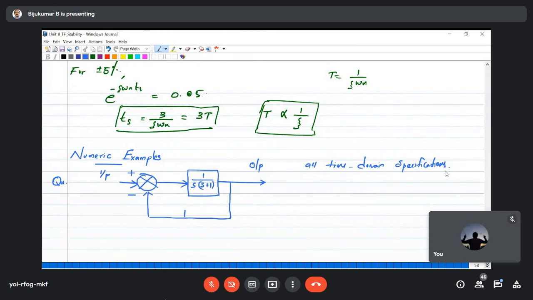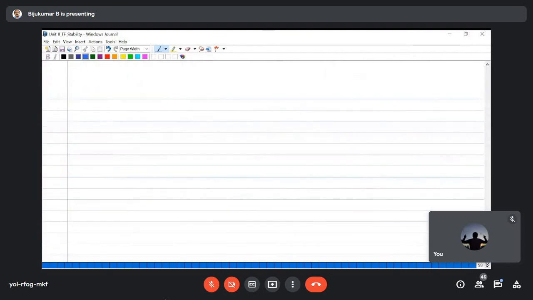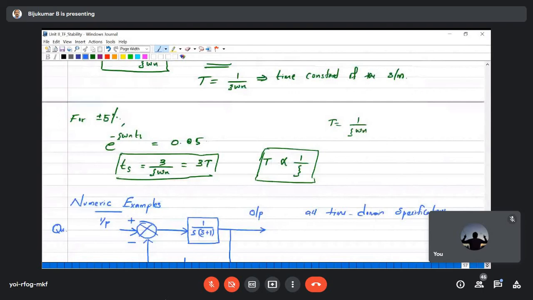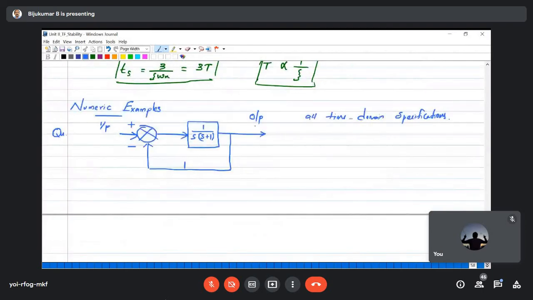Because all parameters are dependent on zeta, omega n, and omega d, if we know the transfer function of this particular system, we can obtain all of these. So first of all, we have to find the transfer function of the given system. Suppose this is y of s and this is e of s. You already know how to derive it, right? Y of s divided by r of s. For a negative feedback system, it is g of s divided by 1 plus g of s h of s.